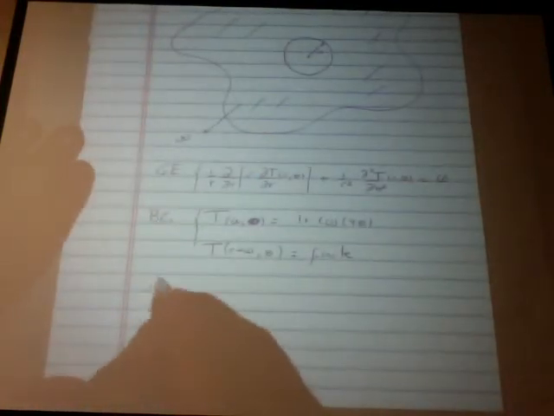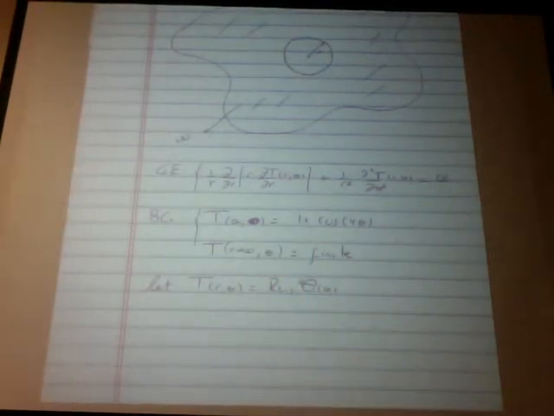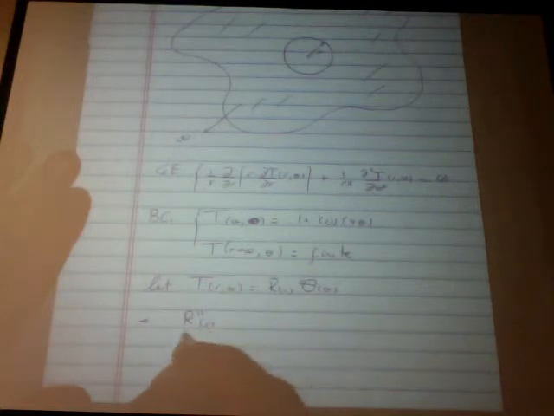So we go through the same process. Again, we have a single non-homogeneous condition. Again, we let T of r and theta be equal to R of r times Theta of theta. And that would mean that the governing equation will look like this.